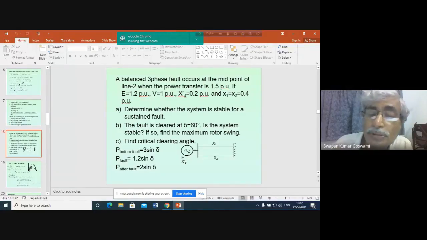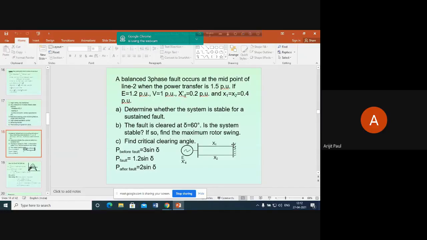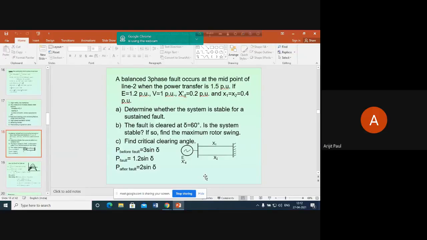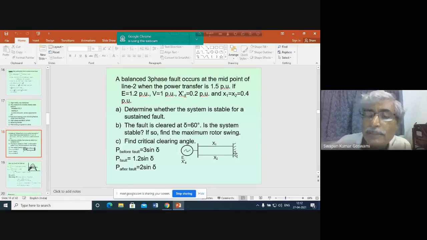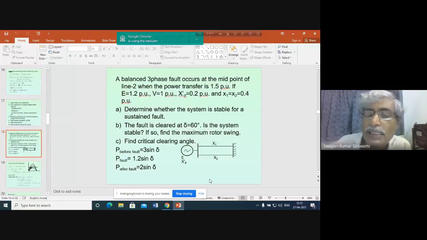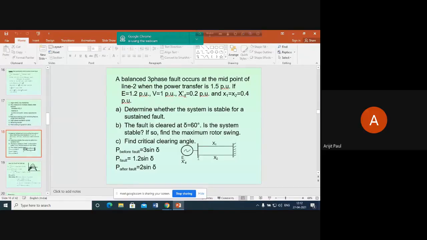So you will be in a position to calculate the reactance from the terminal of this 1.2 per unit voltage to the infinite bus. Another reactance will be calculated from the terminal of this 1.2 to ground. There are three reactances. Basically one from here to ground and one from here to ground.